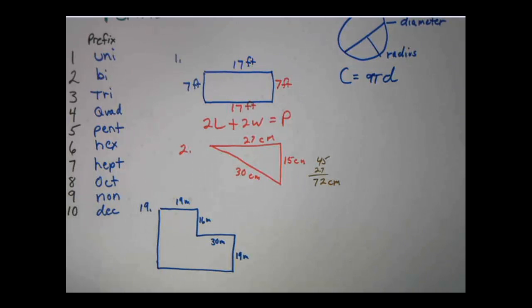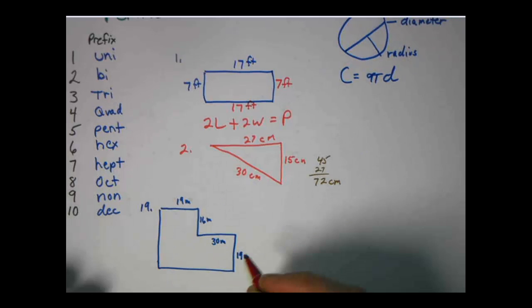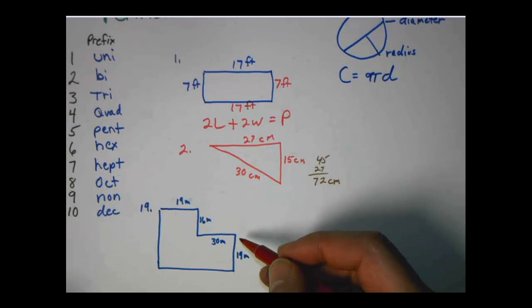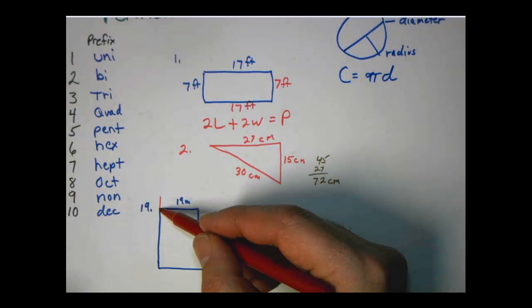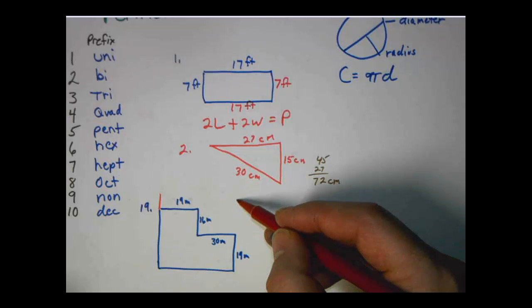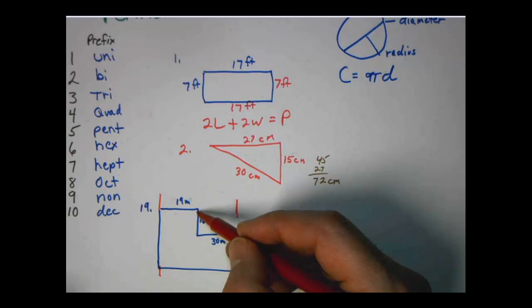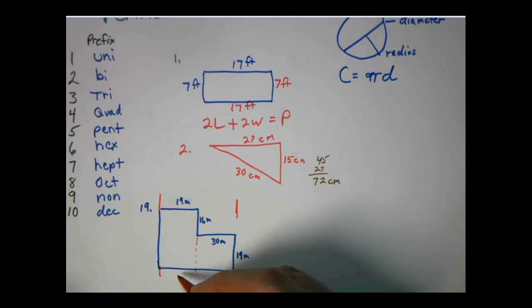When we get to 13 through 19 really, we have to do a little extra work, because they're wanting you to interpret some of the information. On this particular problem, from here to here is an unknown, but from here to here is 19, and from here to here is 30.